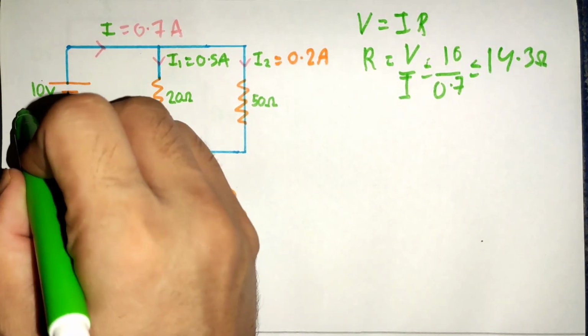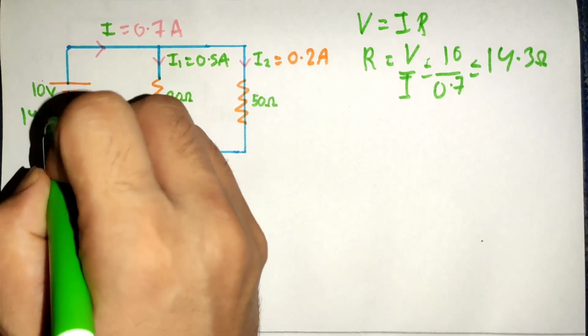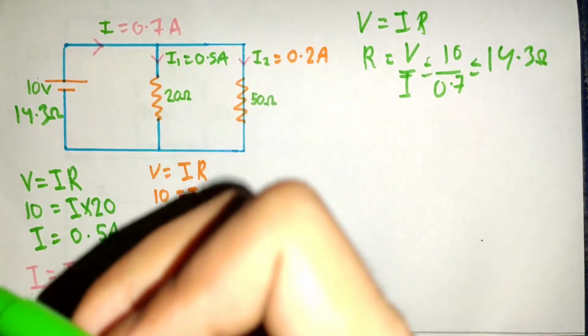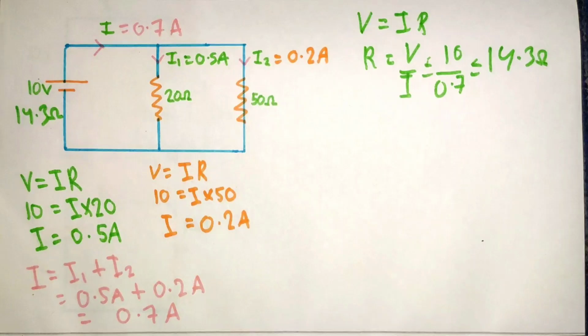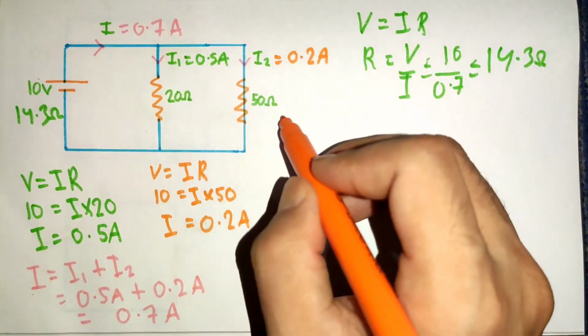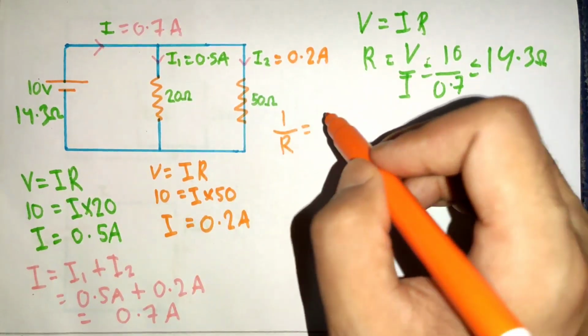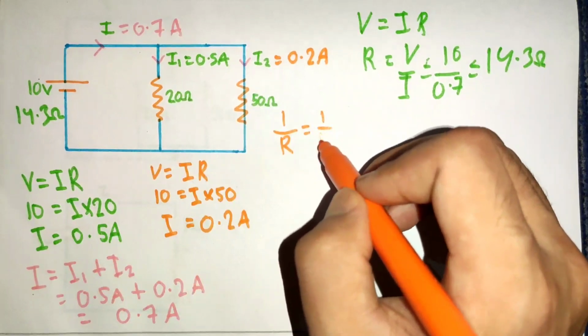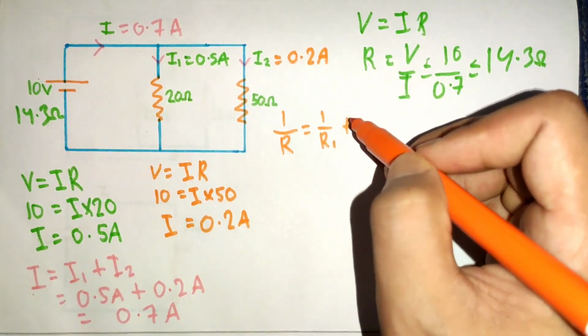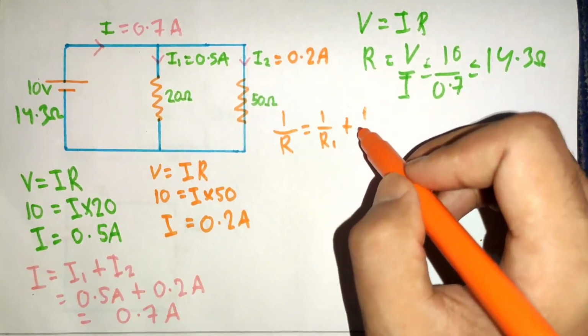I can write it here, 14.3 ohm. There is also another formula to find equivalent resistance in a parallel circuit, that is 1 by R equals 1 by R1 plus 1 by R2.